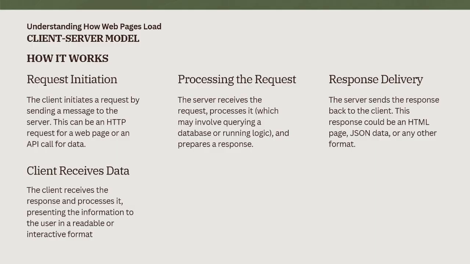And so the response delivery: the server sends the response back to the client. The response could be an HTML page, JSON data, or any other format. So we have formats that the information can come in. We have HTML, we have JSON, and we have other formats as well. As the practicals come in, we'll take a look at all the data formats that we have.